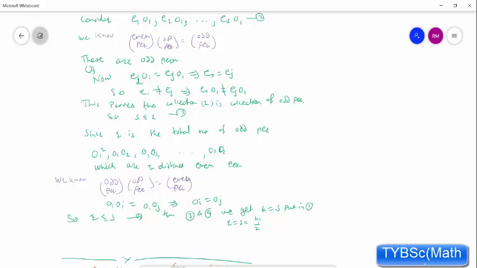In short, they are distinct even permutations, and we know there are S even permutations. So this is a subset of even permutations, and these are R elements. So R is less than or equal to S.